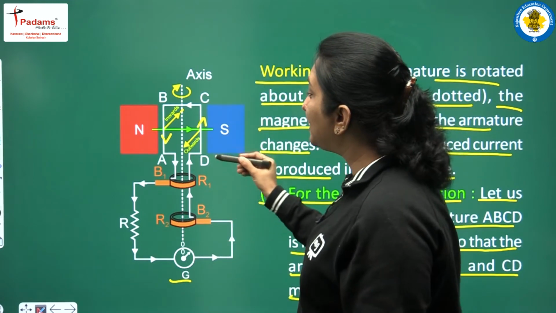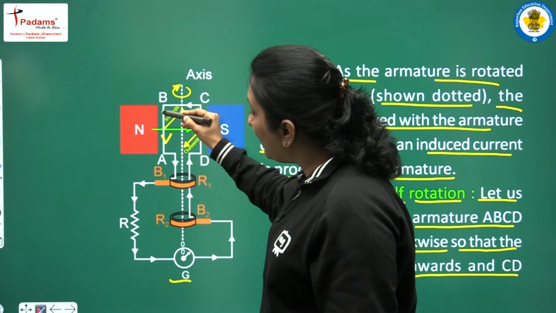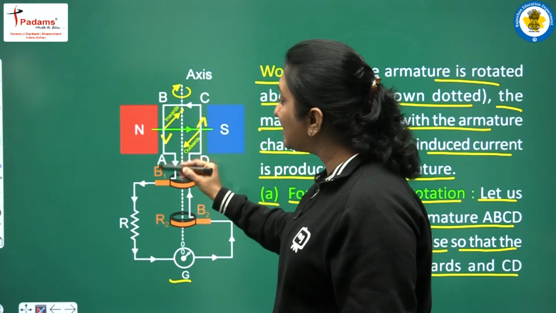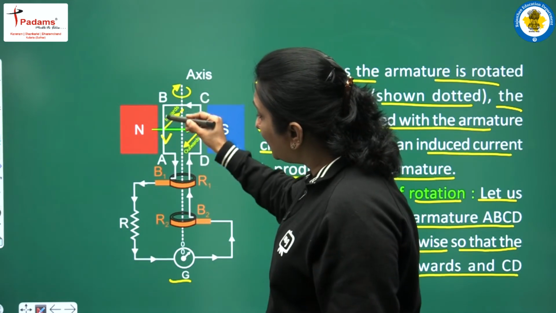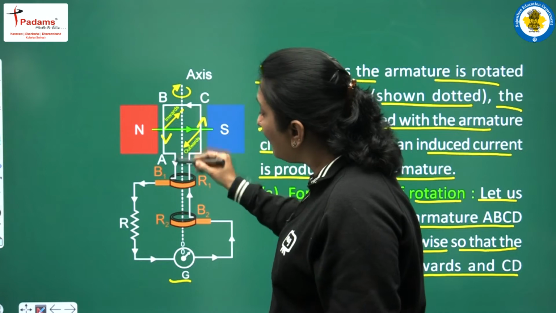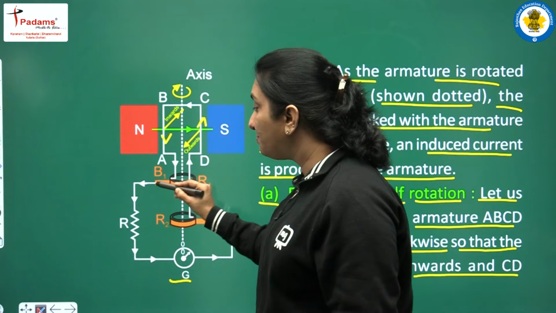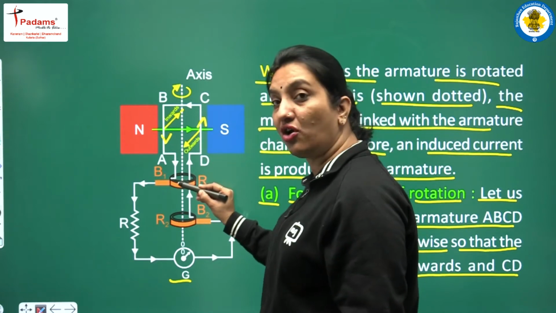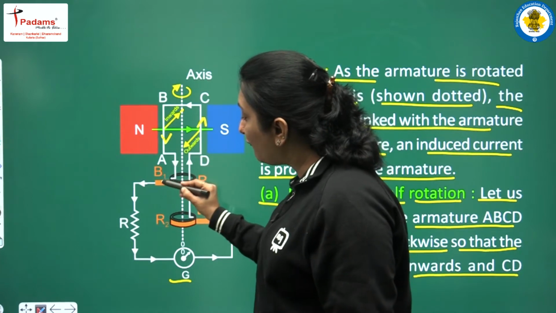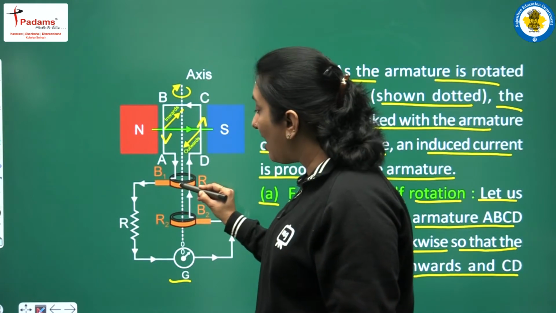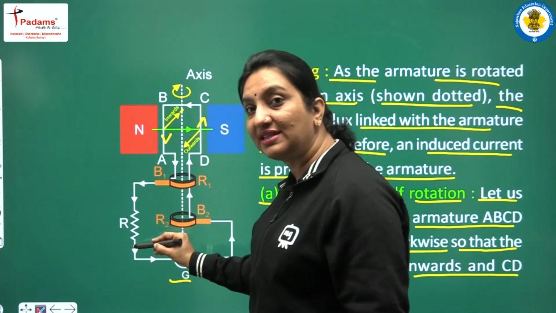Like this, in the CD arm the direction of current is like this, and in the AB arm the direction of current is like this. Students, this AB arm is connected with slip ring R1, and the brush B1 is pressed across the ring R1. So the current will flow through the slip ring R1 and hence through B1 and enter the external circuit.